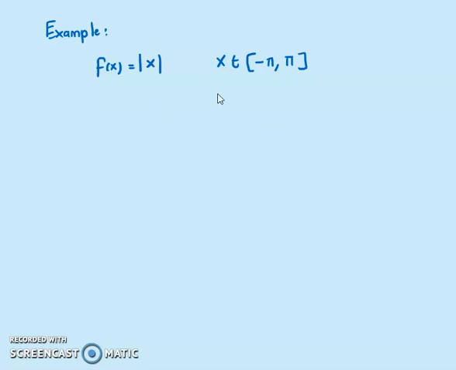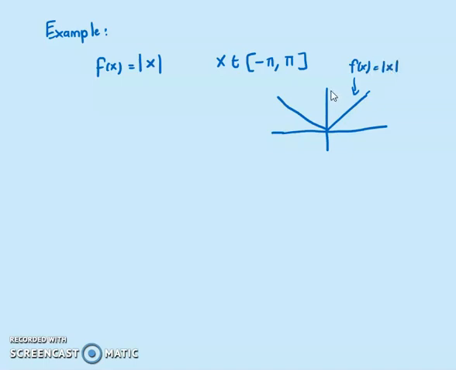So we want to find the Fourier series of this. If you look at this graph here, this is the graph of modulus x.